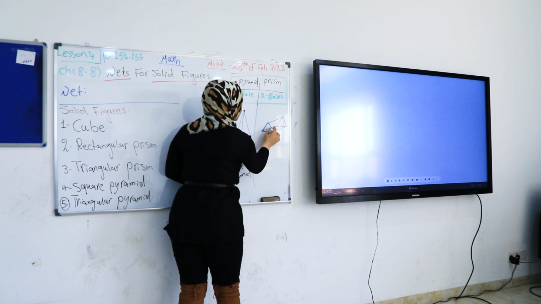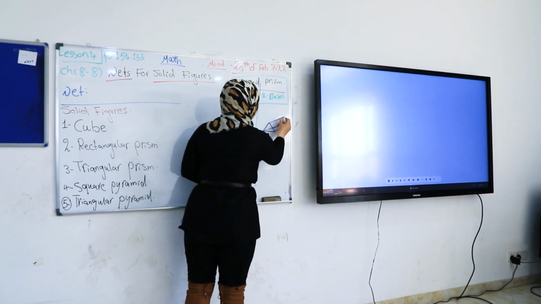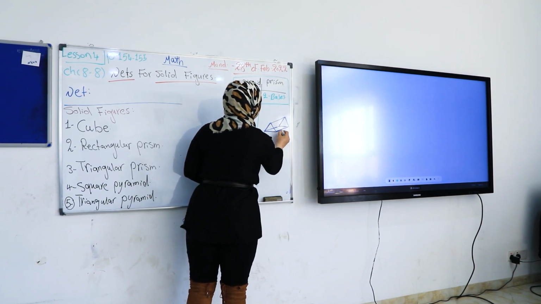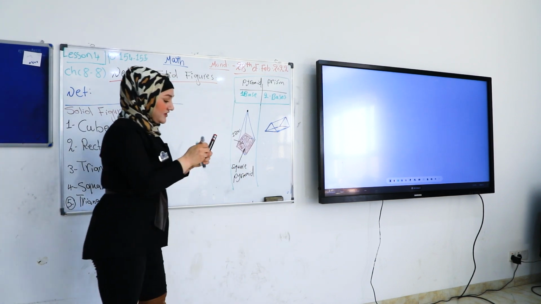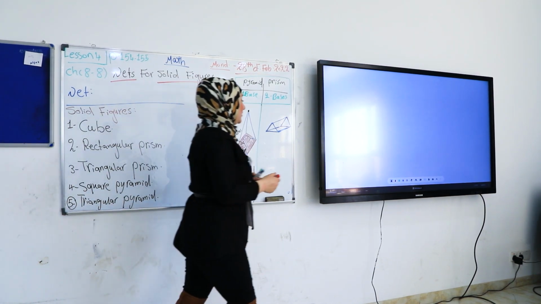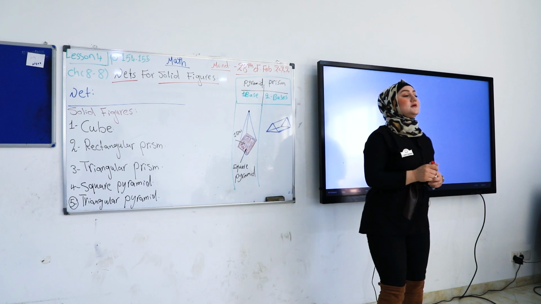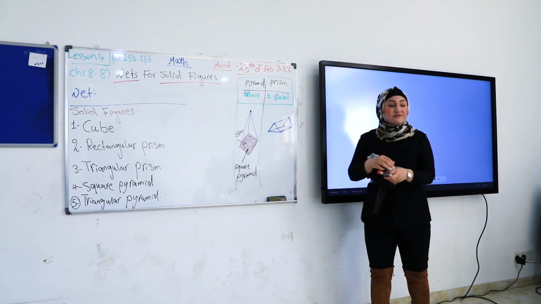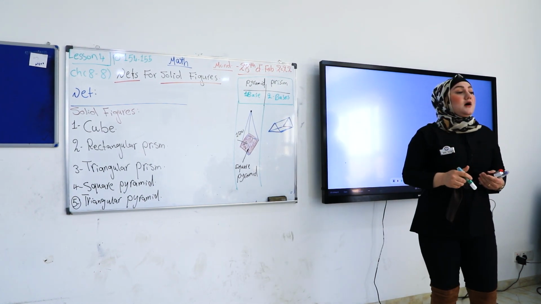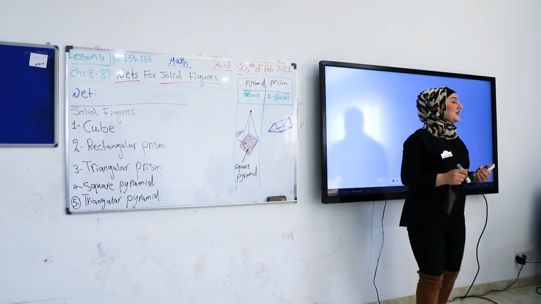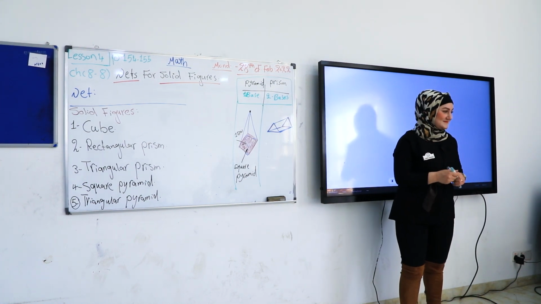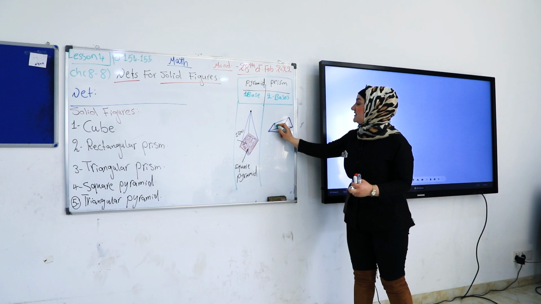It's a triangular prism. Why could this solid figure be called a triangular prism? Why? I need a clever one. Lara. Because it has two bases. Two bases, very good.